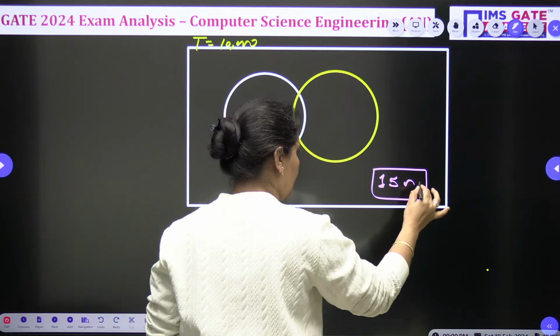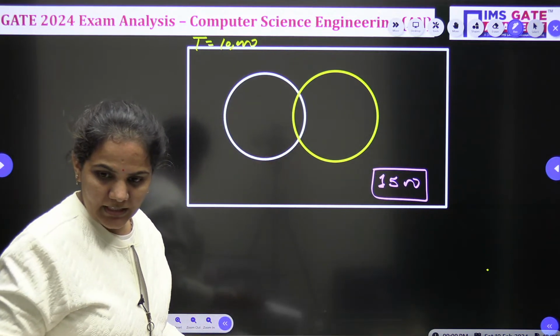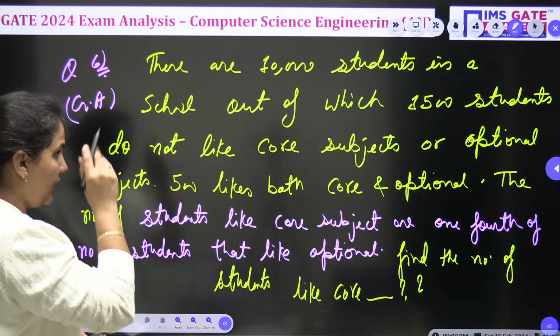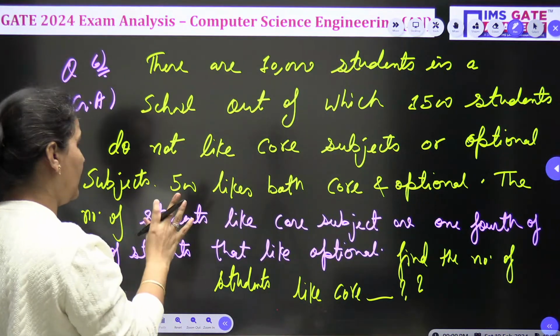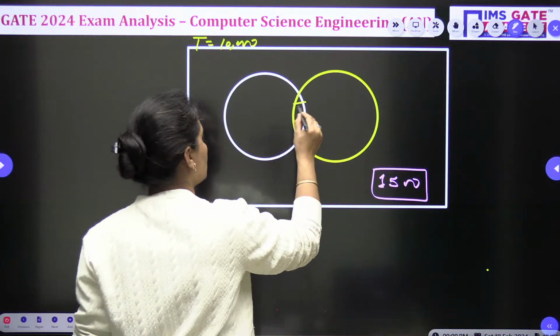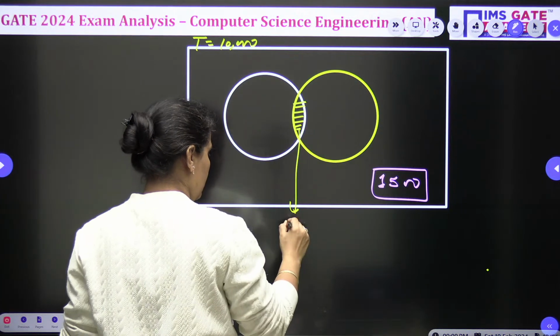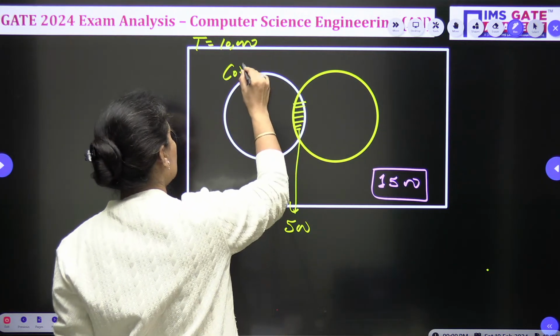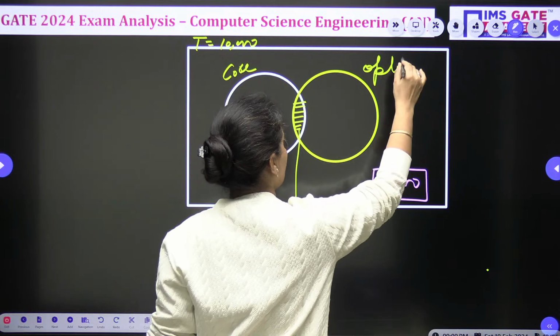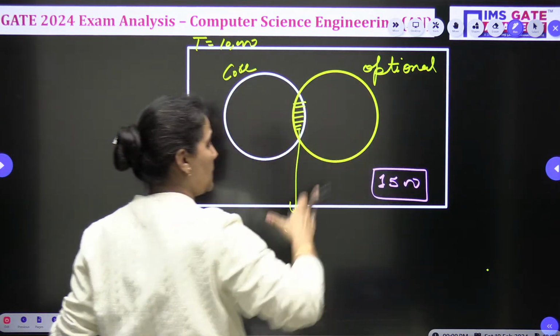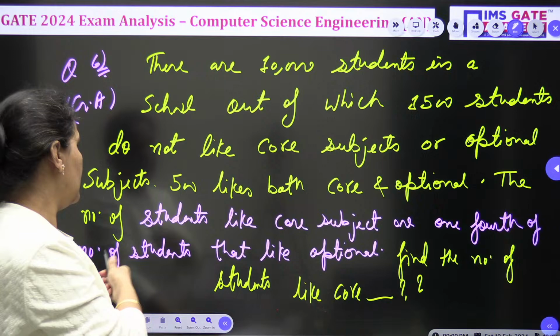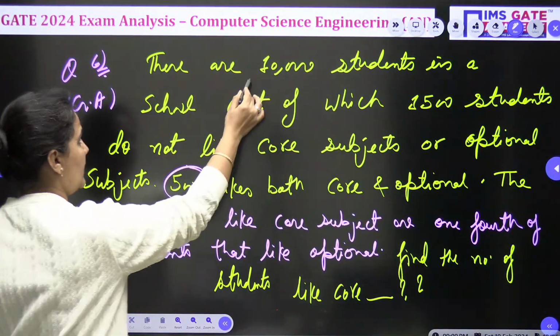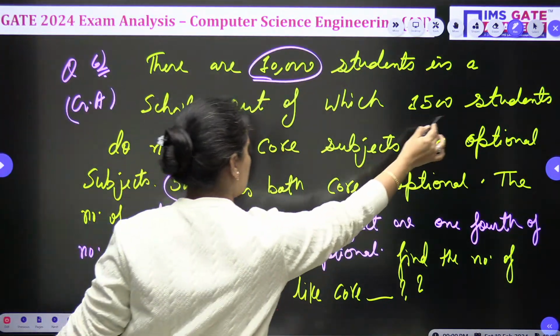That will be your 1500. Now 500 like both, so this should be 500. Both means core and optional both.